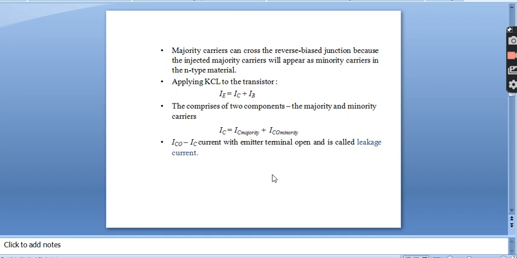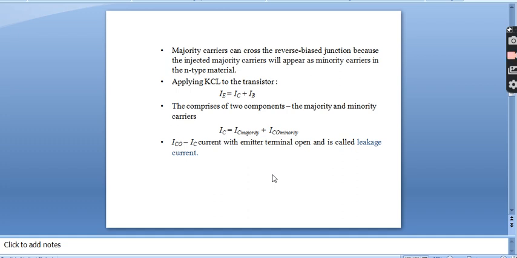The collector current comprises two components, the majority and minority carriers. That means IC is equal to IC majority plus ICO minority. Due to the majority carriers, the collector current is the IC majority. Due to some minority carriers, you can get some leakage current that will be equal to ICO.